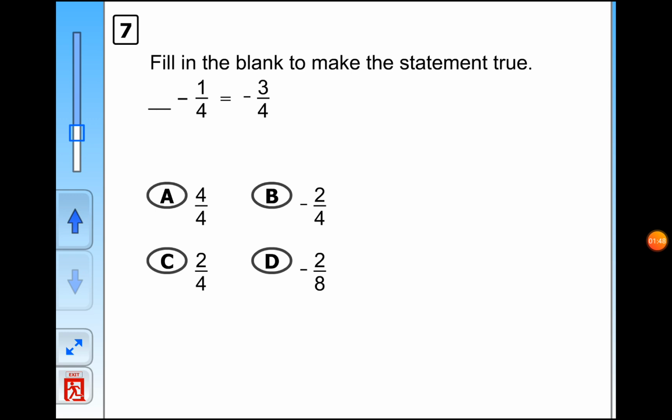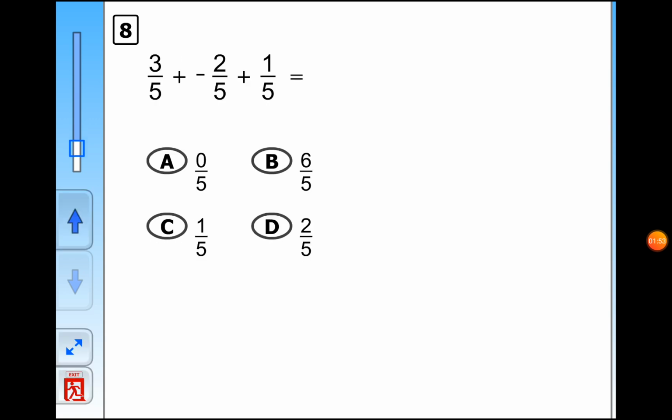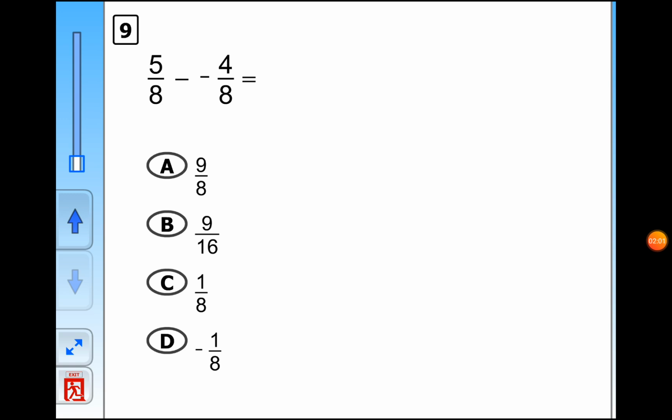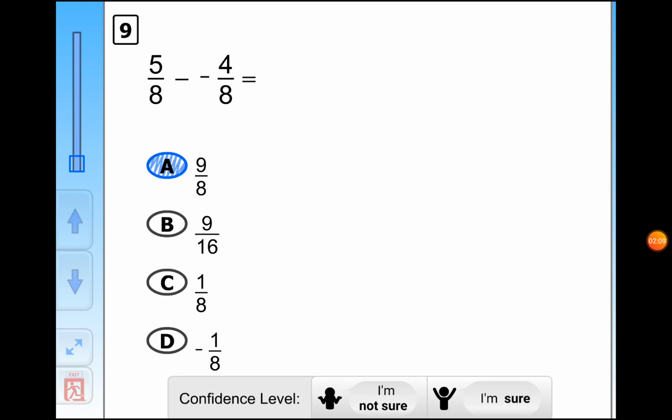So then that would be negative 2 over 4. And this would be equal to, so 3 minus 2 is 1/5, and 1/5 plus 1/5 is 2/5. And then minus and minus multiply each other, so it would be plus, so that would be 9/8.